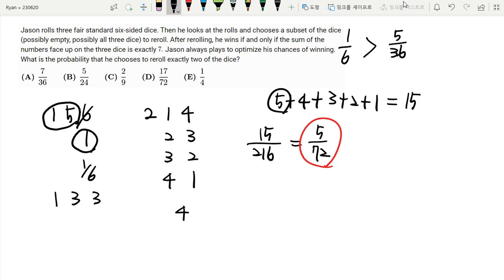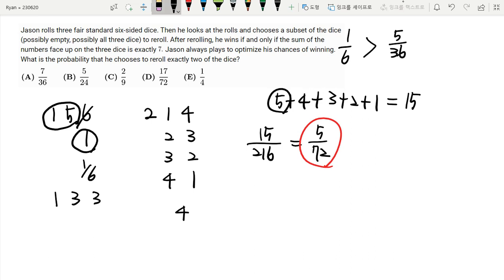So this means that to decide to throw two dice, the sum of the two dice should be greater than or equal to 7. If it's less than 7, he will just throw one die instead of choosing two dice.